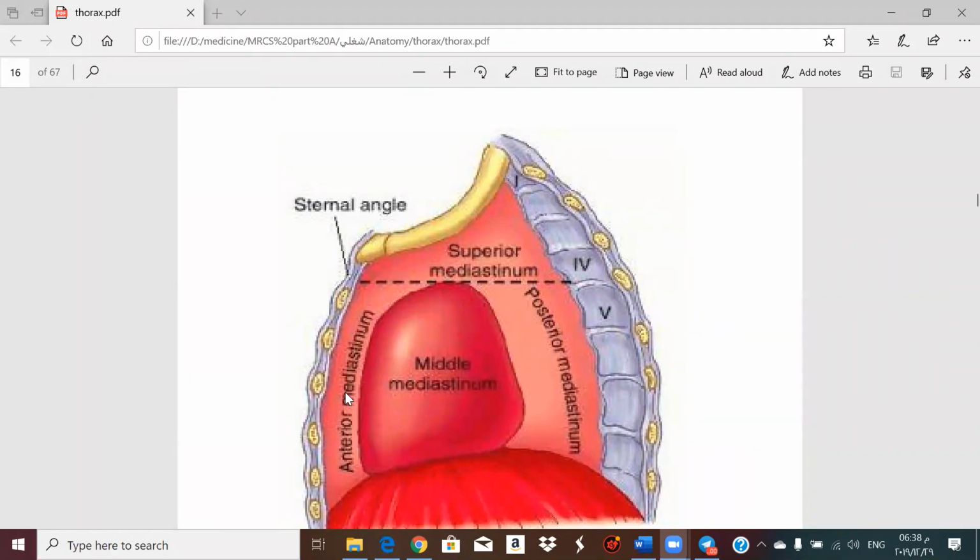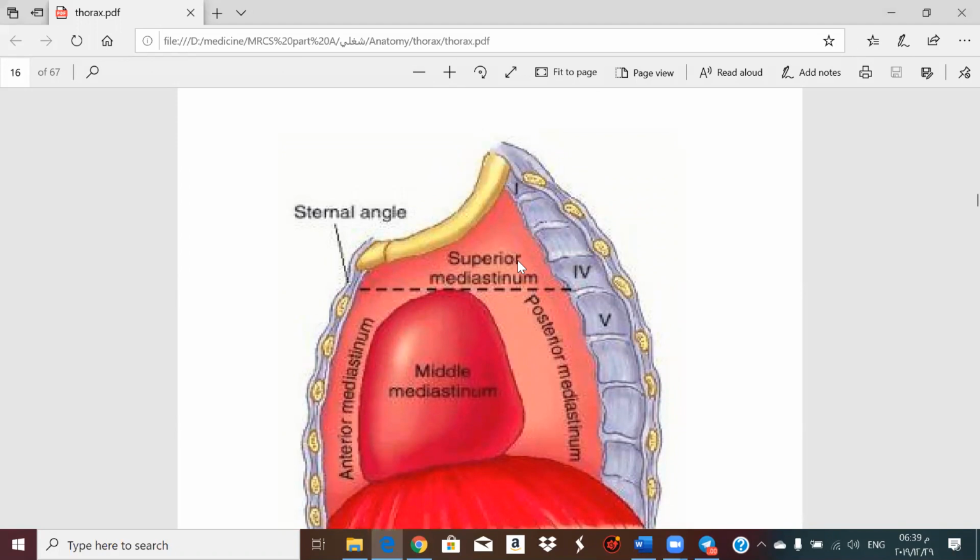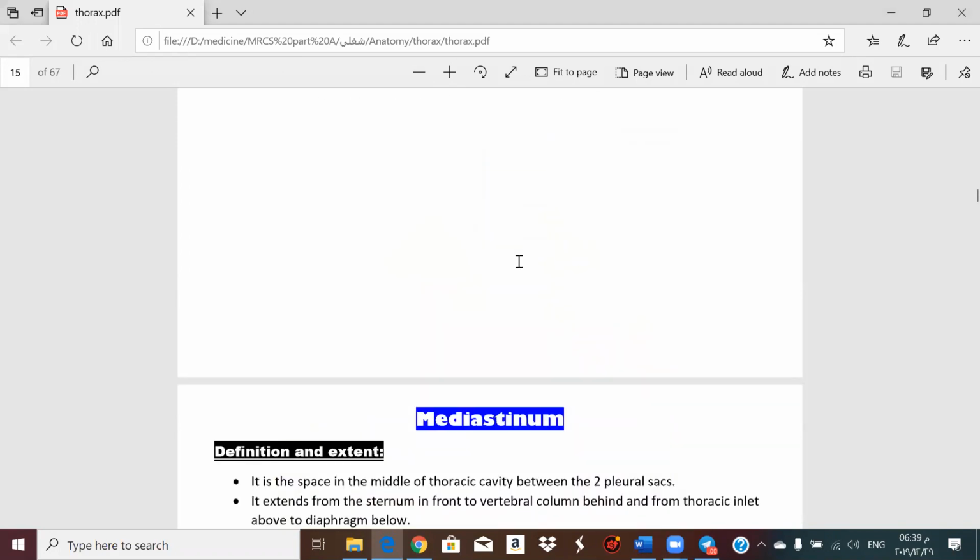Posteriorly, the middle mediastinum. Superiorly, the imaginary line between the angle of the sternum. Inferiorly, the diaphragm. Excellent, Dr. Muhammad. So we finished the boundaries of all the mediastinum.